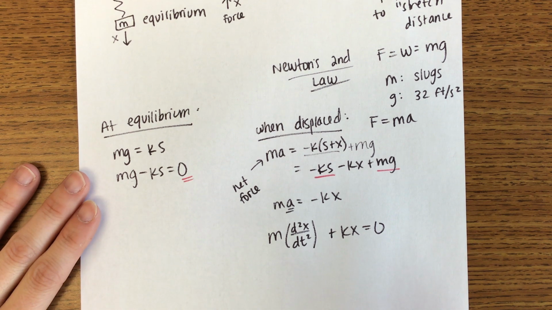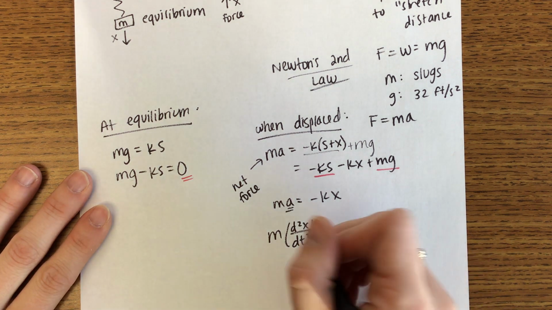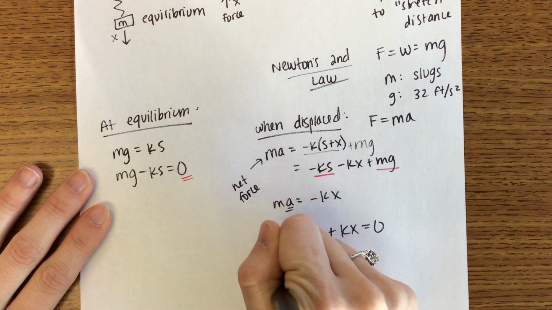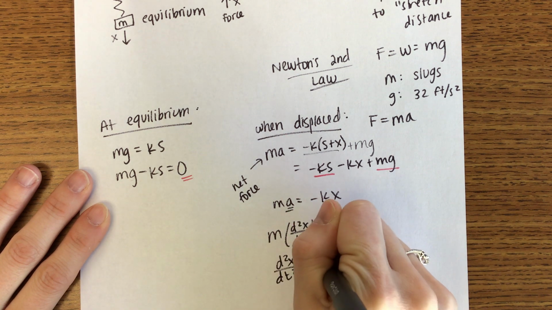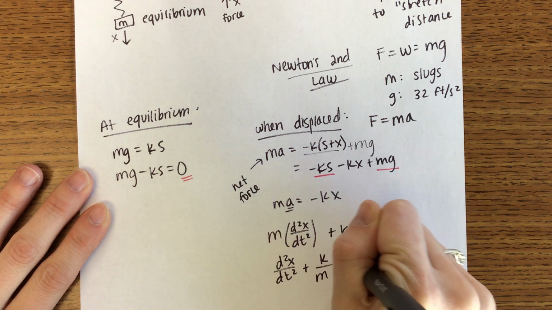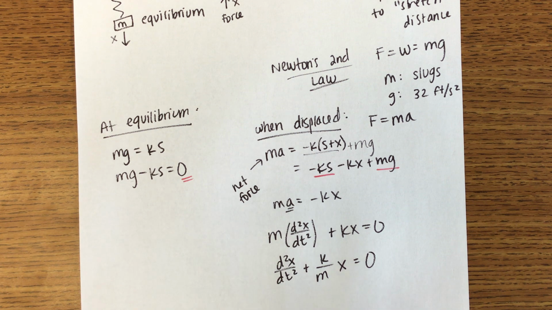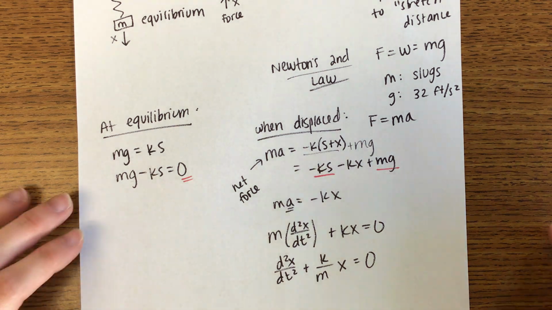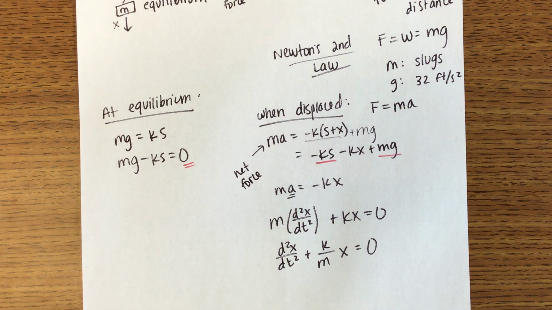We generally like to write this in standard form, so we're going to divide by m. Now, we have solved this before. This is homogeneous and it's linear. How did we solve a homogeneous linear differential equation?